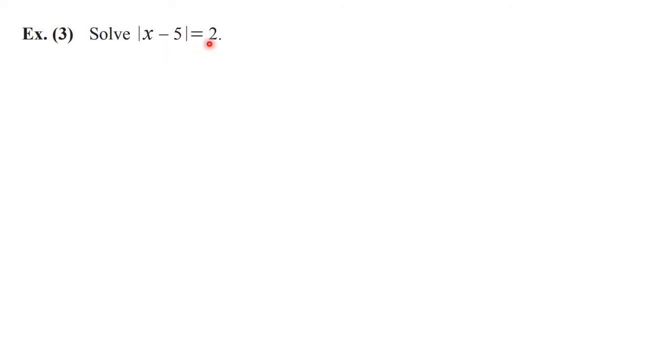So here, since the absolute value of x minus 5 is given as 2, when we think only about the number inside, that means x minus 5, this x minus 5 can be either plus 2 or minus 2.